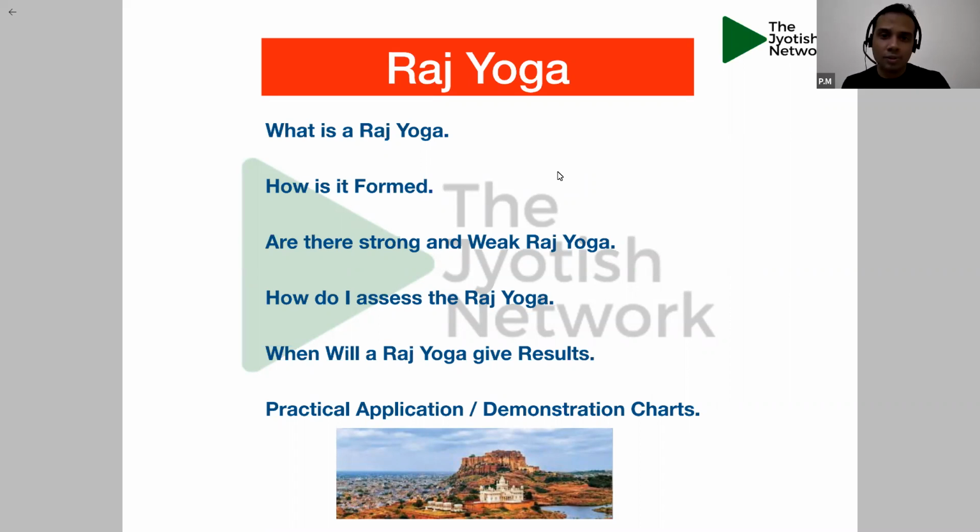Not that Raj Yogas don't give results only from a single ascendant, but just in terms of looking at confluence and increasing the probability of an event, we consider multiple lagnas.